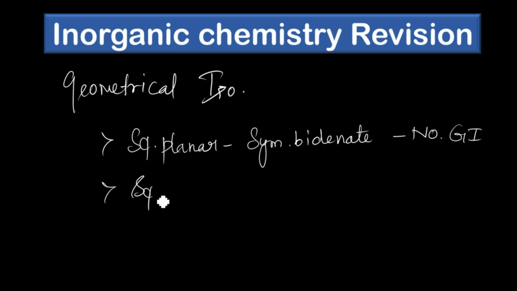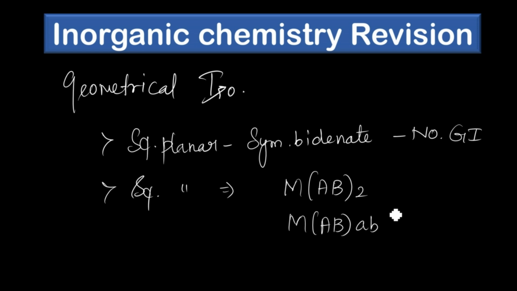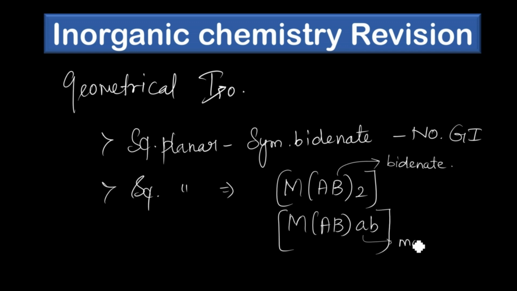What else can? Square planar complexes with unsymmetrical ligands of the type M(AB)2 and M(AB)AB. What is the difference? AB in the first means a bidentate ligand where the attached atoms are different, and in the second, A and B are monodentate ligands, one A monodentate and one B monodentate.